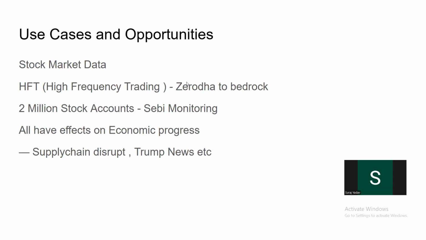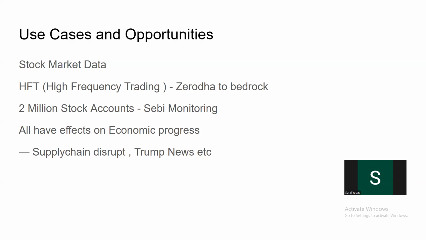If you take the example from India, zero, where an individual invests in the stock, they also have the whole architecture and orchestration of data science or AI, where they collect the data and analyze the data, the whole process, from Zerodha to a company called Bedrock, where they work on high frequency trading. How is it important for them? This data is a small news item; let's take that Trump would make these companies invest in a new region or remove their money from that particular region.